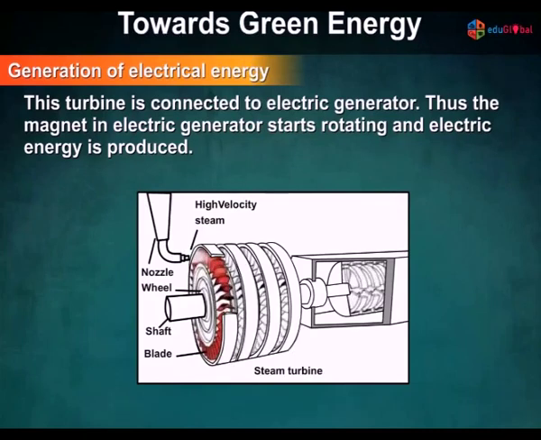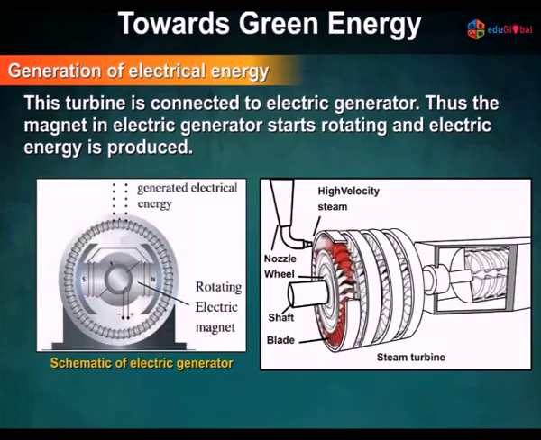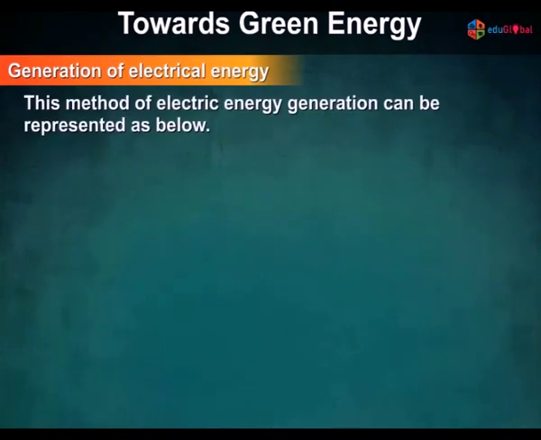Thus, the magnet in the electric generator starts rotating and electric energy is produced. Schematic of electric generator. This method of electric energy generation can be represented as below.